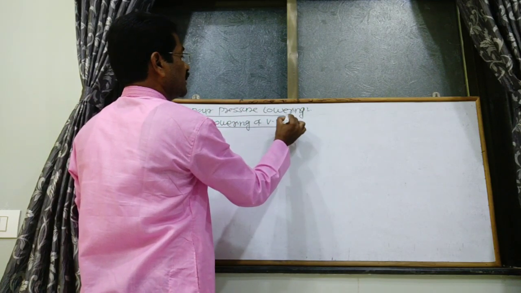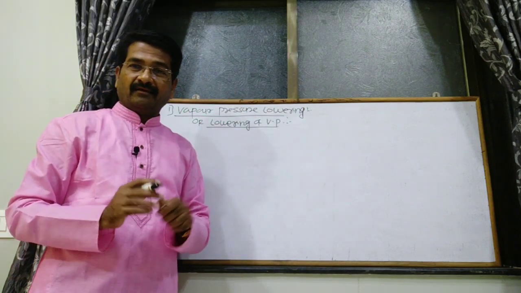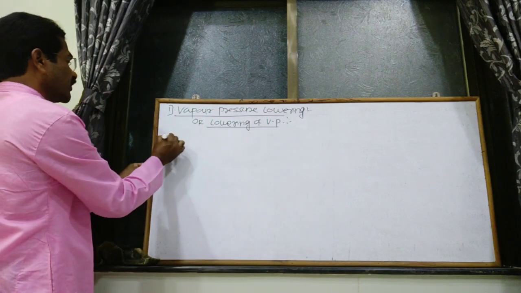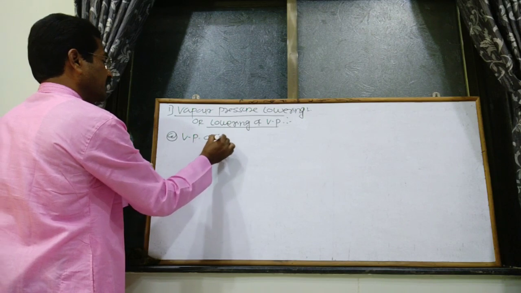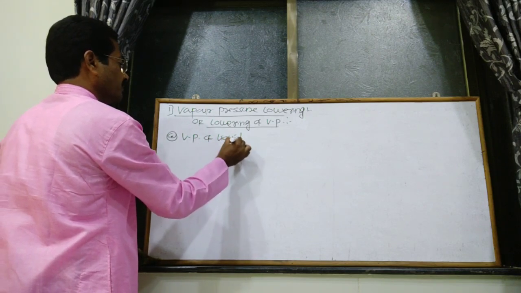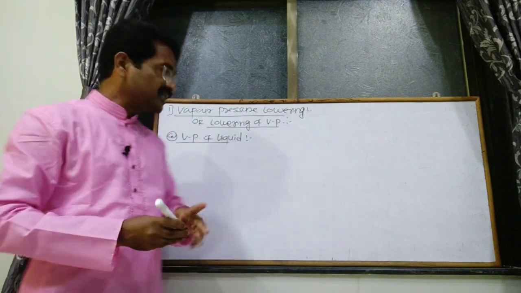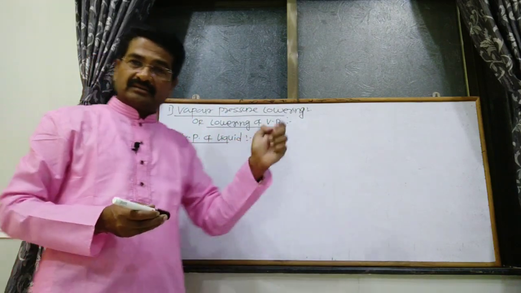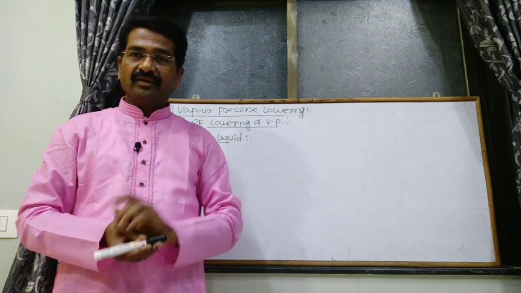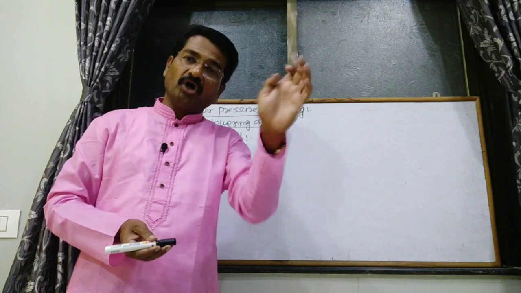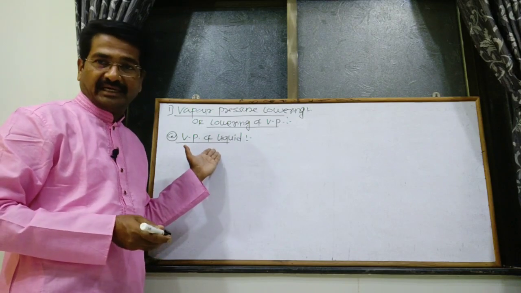Under this first colligative property, we studied the first point, vapor pressure of liquid. What is vapor pressure of liquid? The pressure of vapor exerted on the surface of liquid is called the vapor pressure of liquid.